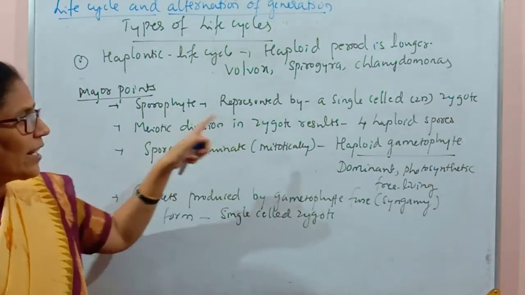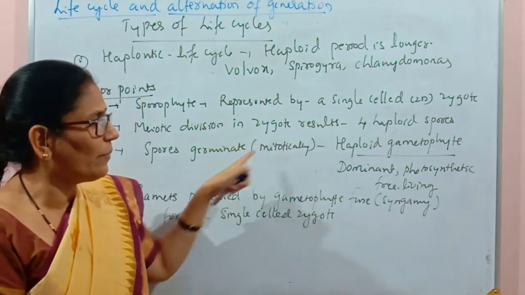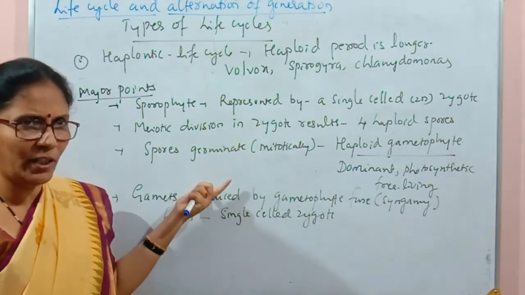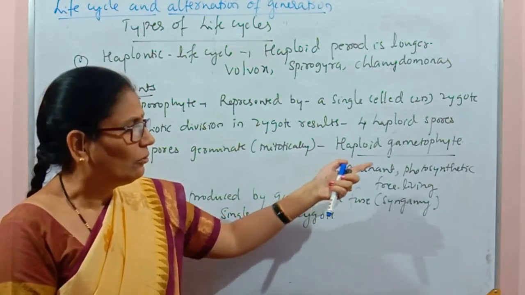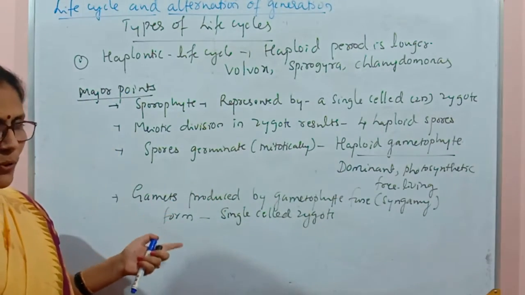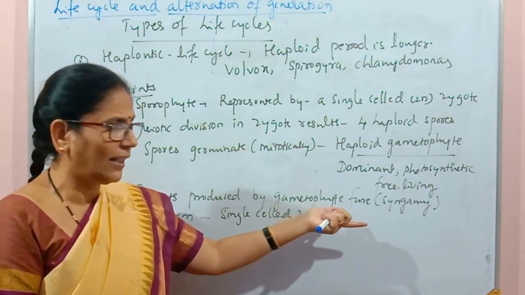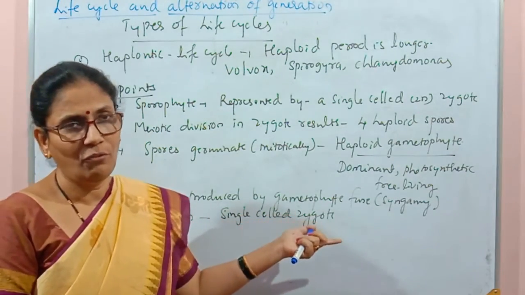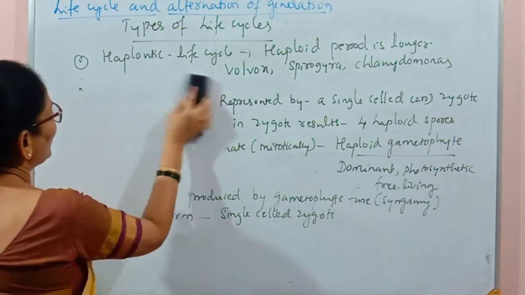When the meiotic division takes place in this zygote, it produces 4 haploid spores, and when these spores germinate and produce a gametophyte by mitotic division, this haploid gametophyte is dominant, photosynthetic and free living, and it produces gametes by gametogenesis. When these gametes fuse, the process we call syngamy or fertilization, one more time a single cell zygote is formed. So now we can draw a diagram based on these points.